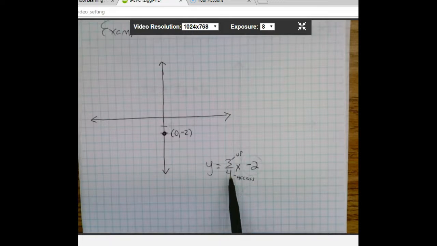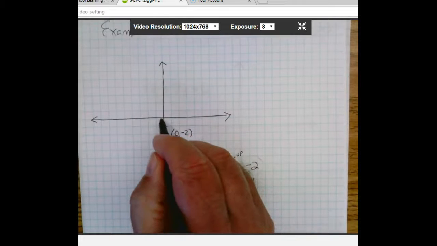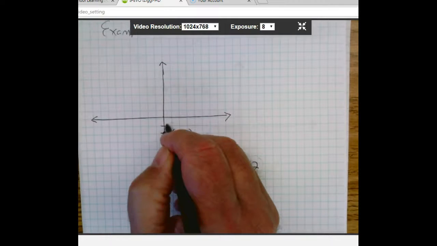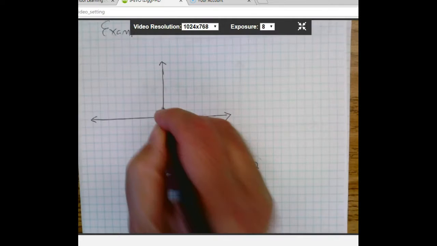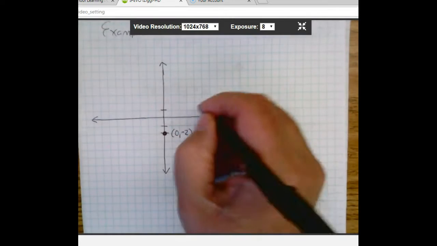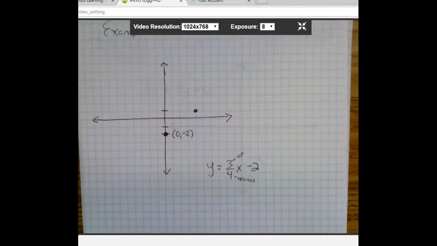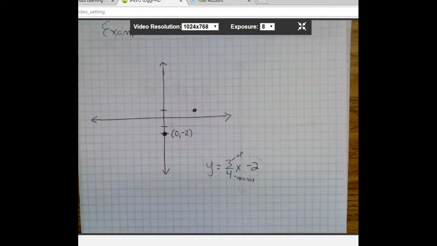So then we can plug that in to go from this point, 0, -2, and we go up 3. So we go 1, 2, 3. And then we want to go across 4: 1, 2, 3, 4. And then we have that point. And then we can draw a line, and we see the line for that equation.